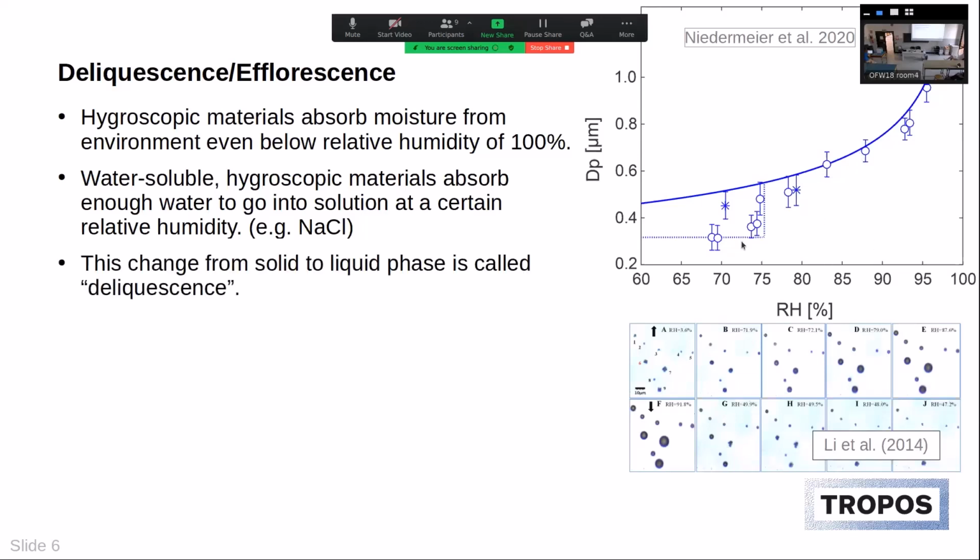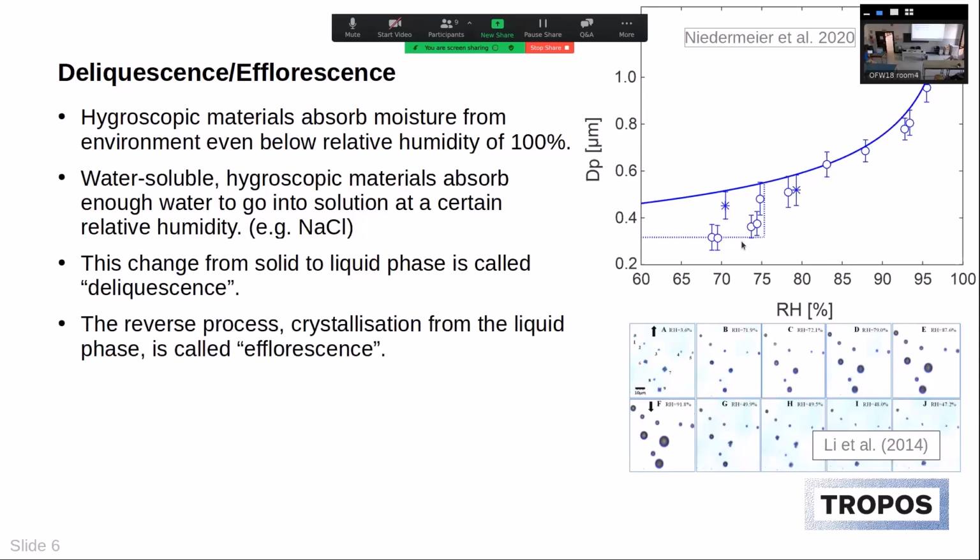This change from solid to liquid phase is called deliquescence. And there's also a reverse process for this. The crystallization from the liquid phase to the solid phase is called efflorescence. It can be that these two phase changes have a large distance with respect to their relative humidity.